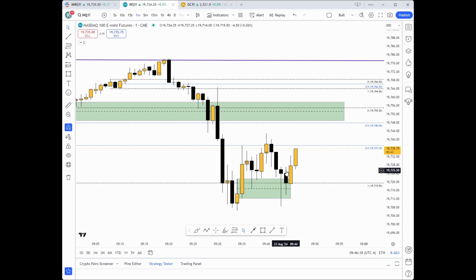So body closure above this candle, liked that, showing strength. And I'm flat. Okay. We'll see what this brings.